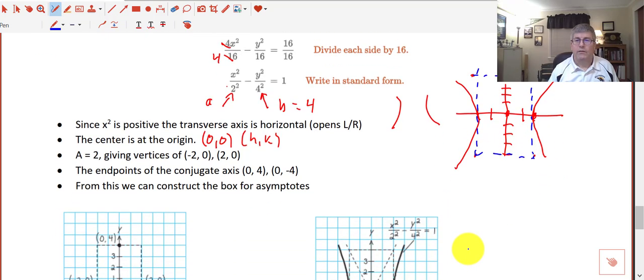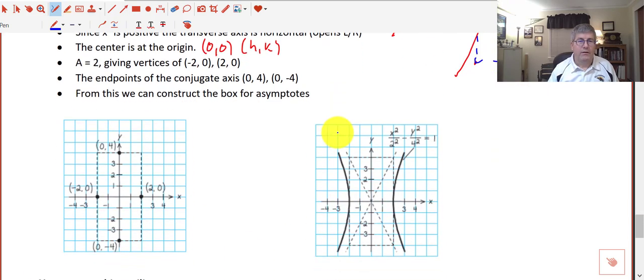So we construct the box for our asymptotes, and we've got that diagram down here on the left. And with this, we can construct our asymptotes. We draw our asymptotes through the center of our hyperbola, and then we can draw our branches.